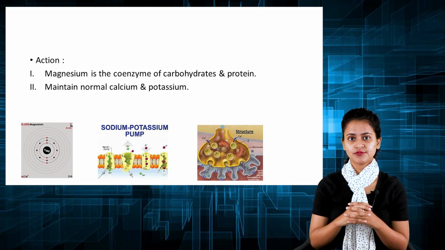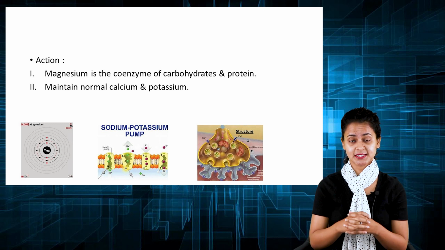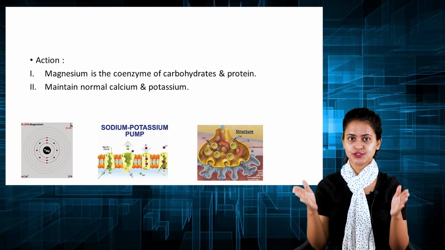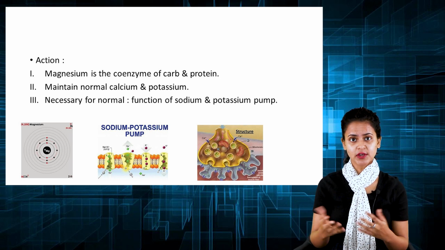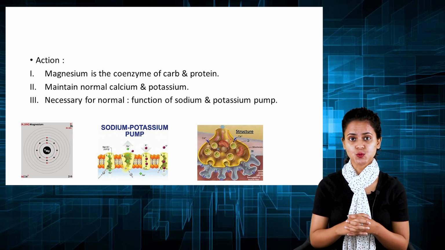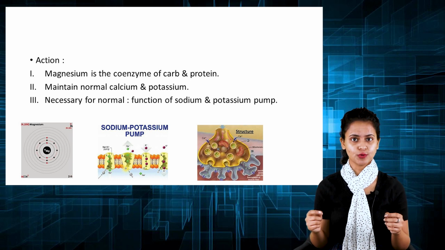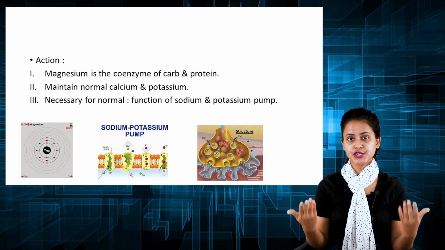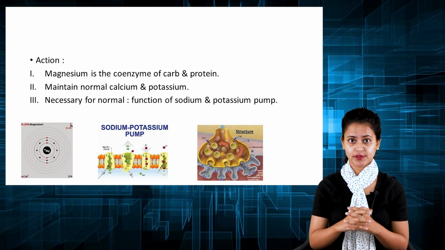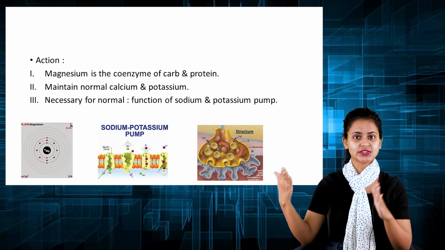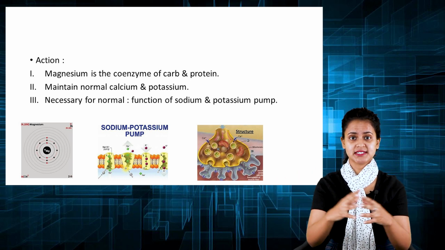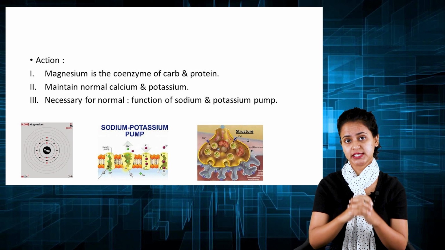The next function, which is a very essential function of magnesium, is to maintain the balance of calcium and potassium in an individual's body. Next, magnesium also plays a very important role in maintaining the function of the sodium potassium pump in our body. In another term, we can say the sodium potassium channel is regulated by the presence of magnesium.